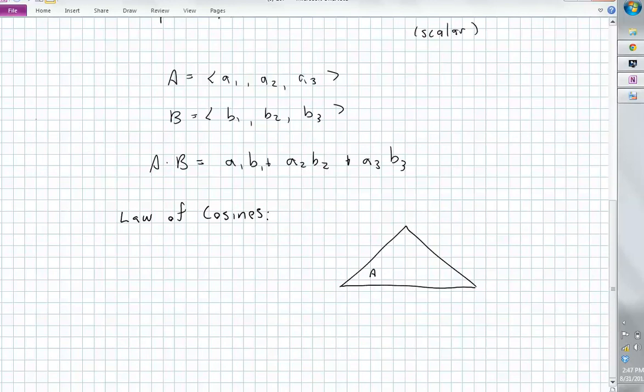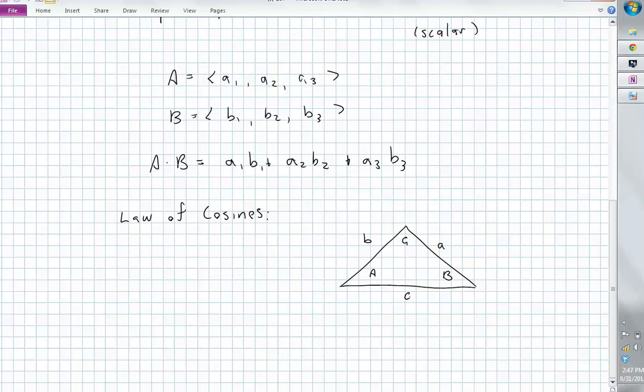I'm just going to choose them: A, B, and C. That's a capital C. So I have this triangle, 3 angles, A, B, C, and 3 sides, little a, little b, little c. And the lowercase letter is opposite its uppercase angle.